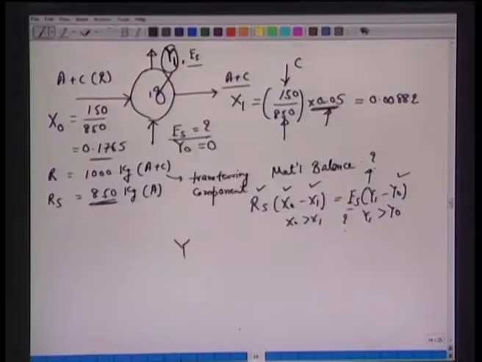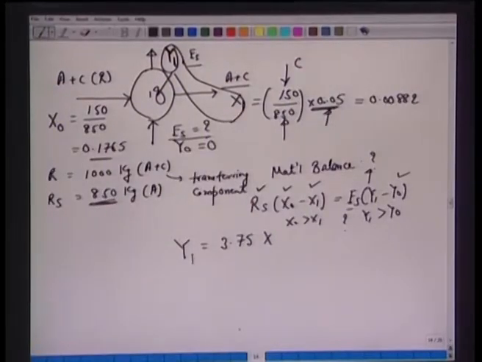So, y and x at the exit would be related by the equilibrium relation which we wrote earlier, y equals 3.75 x. So, we have one more equation here, y equals 3.75 x.